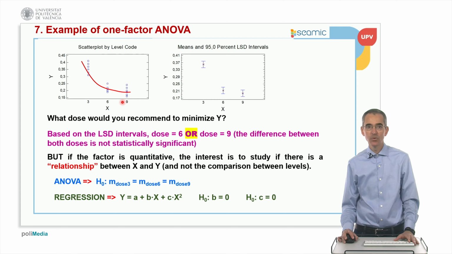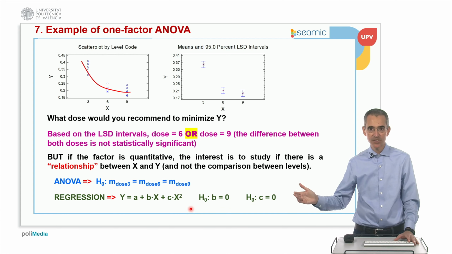Probably we will end up having that for dose 9 the expected dependent variable is lower than for dose 6. So this is interesting because for ANOVA we will say that there are no differences between 6 and 9 and we will choose 6, but for regression we will conclude that dose 9 is the best.